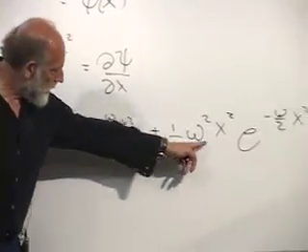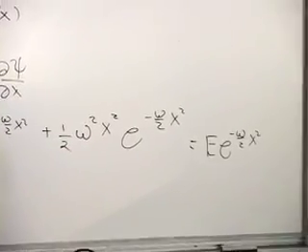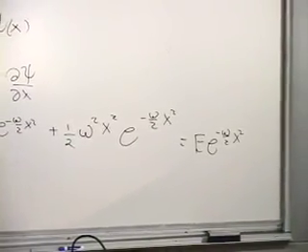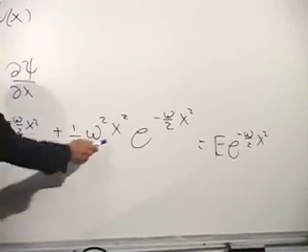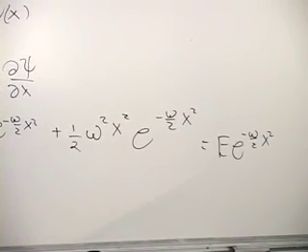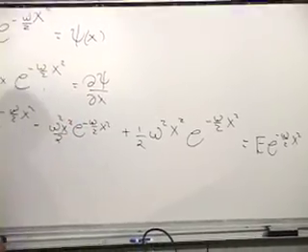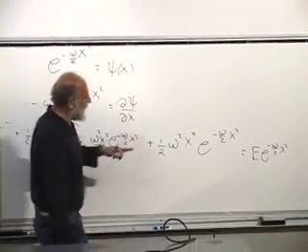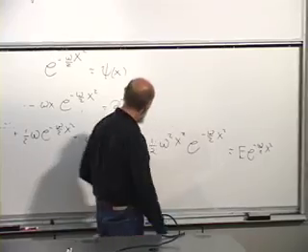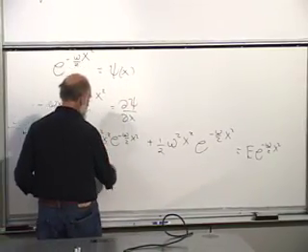In fact, there are two of them. These two both have omega squared x squared over 2 multiplying the wave function. But fortunately, they cancel, because there would be nothing to cancel them against in the rest of the equation, minus and plus. So quite independently of what the eigenvalue is over here, these two cancel.